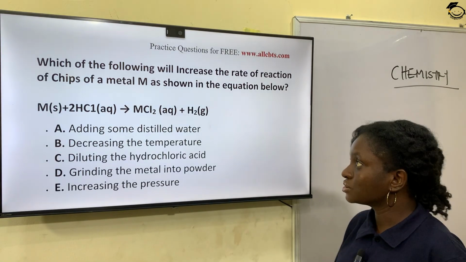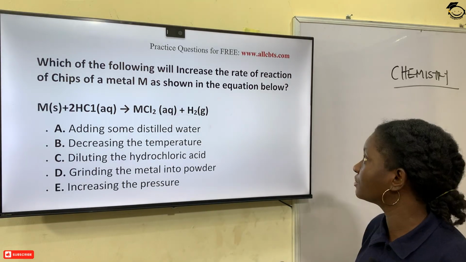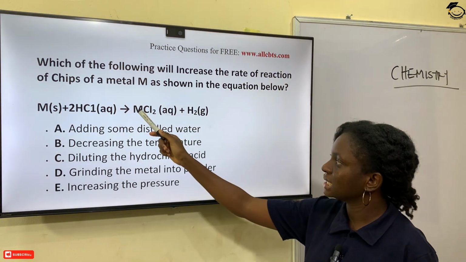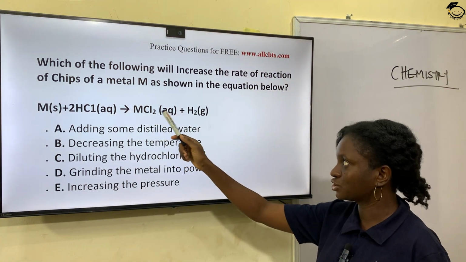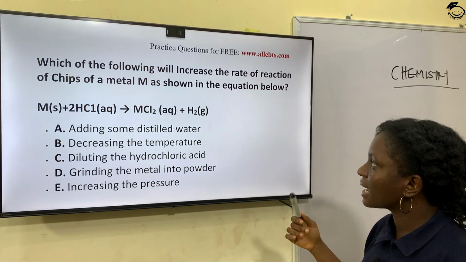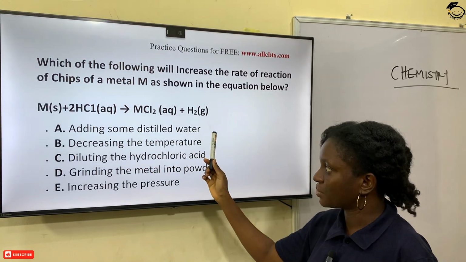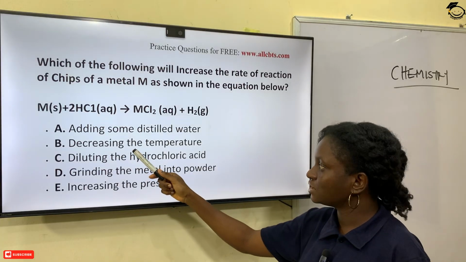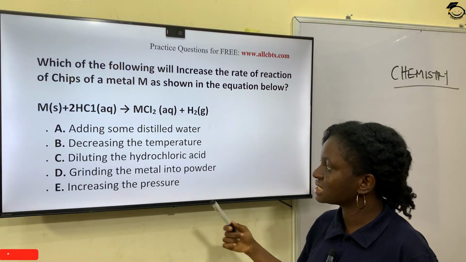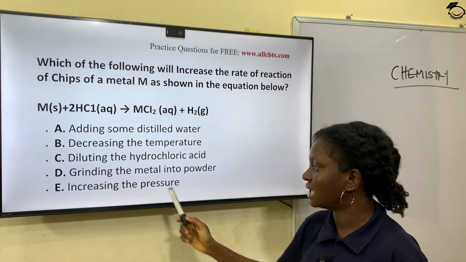The next question. Which of the following will increase the rate of reaction of chips of a metal, M being a metal, representing this reaction as shown in the equation? So how can the rate of reaction here be increased? Option A, addition of some distilled water. B, decreasing temperature. C, diluting the hydrochloric acid.